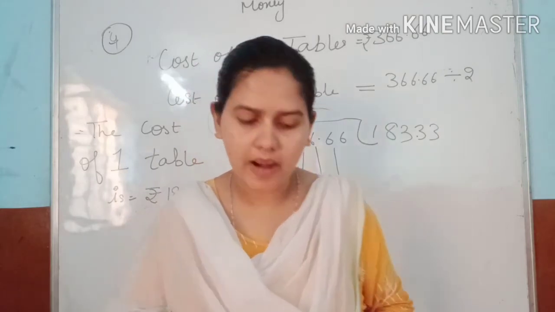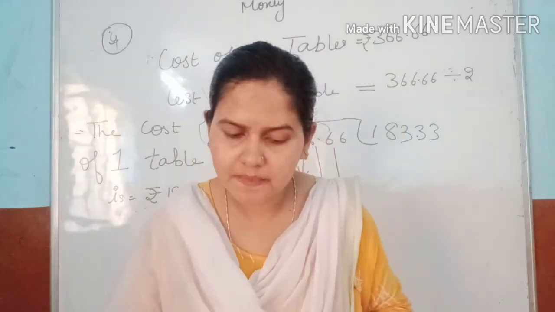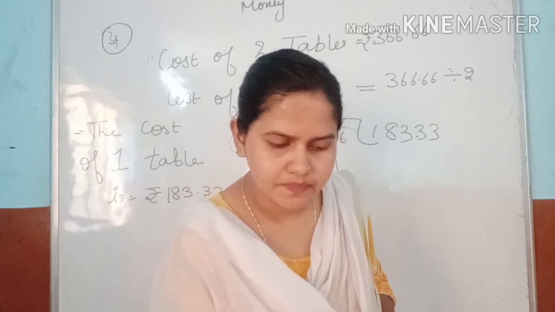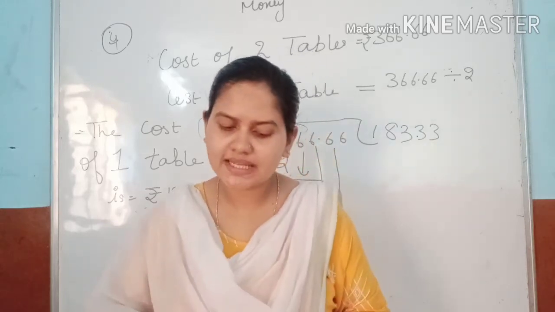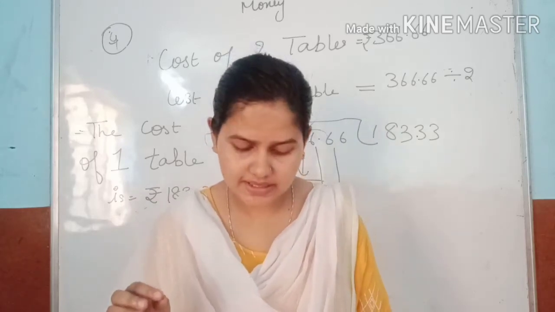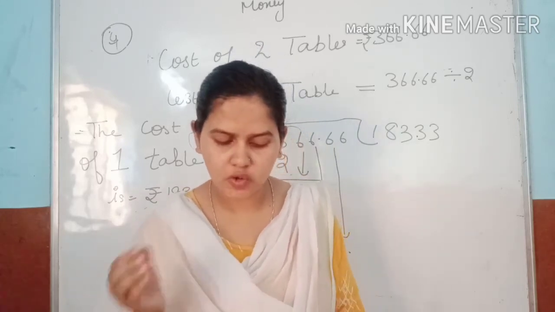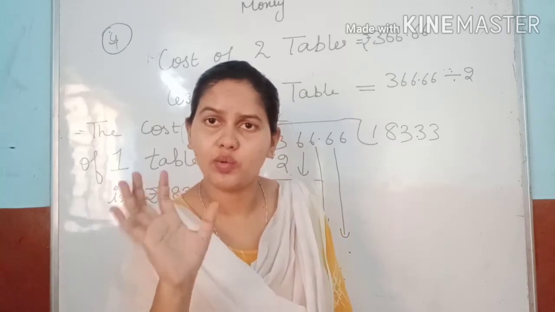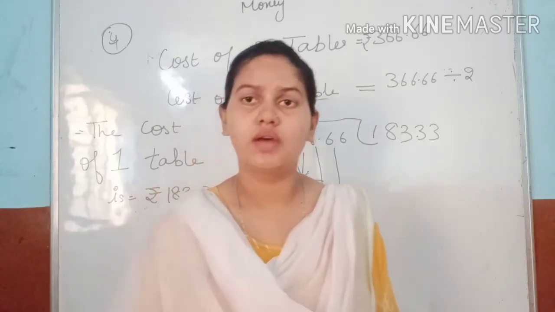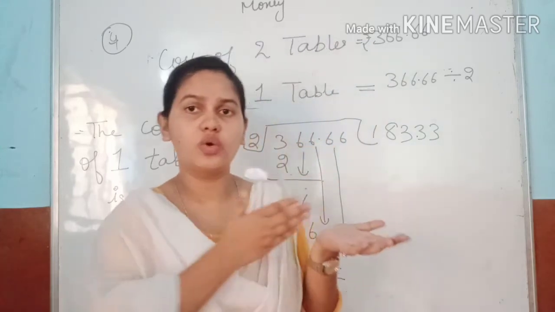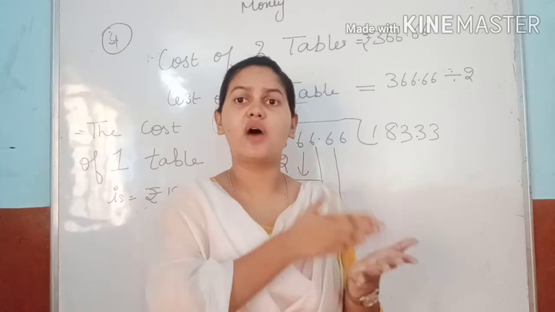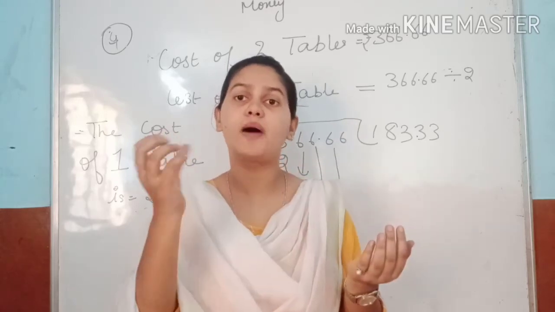Let's discuss our 5th sum. I bought a set of 6 spoons for rupees 30.12 paise. What is the price of 1 spoon? Right, we now know that the 6 spoons amount is this much, and now we have to find the amount of 1 spoon.